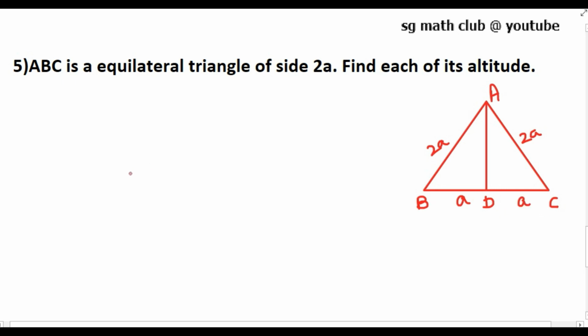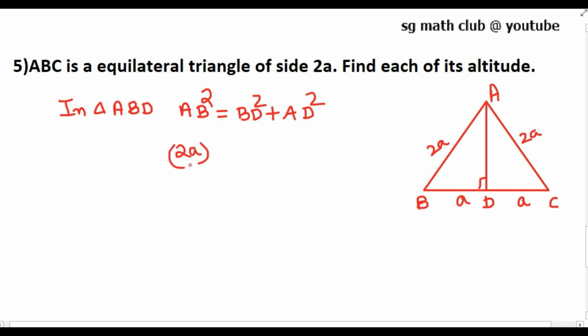Now we need to find the height, or this AD measurement. Altitude we need to find. Here the altitude is AD. Now if you consider this triangle ABD, it is actually a right angled triangle, so I can use the Pythagoras theorem. By Pythagoras theorem, I can write AB square is equal to BD square plus AD square. AB square is 2A the whole square.